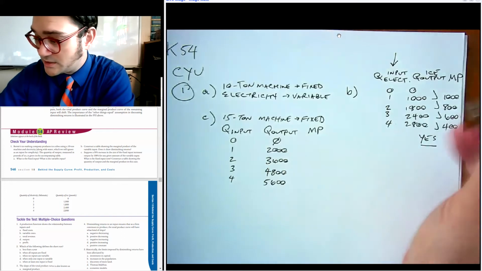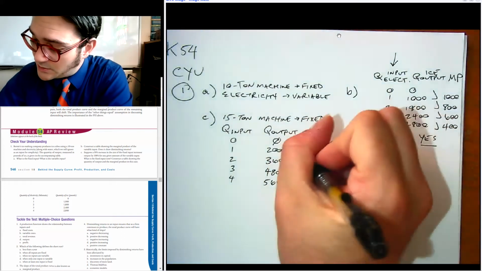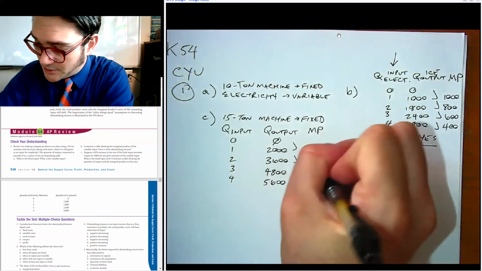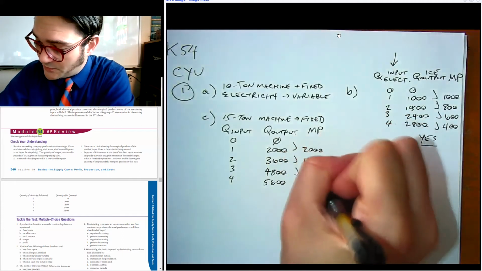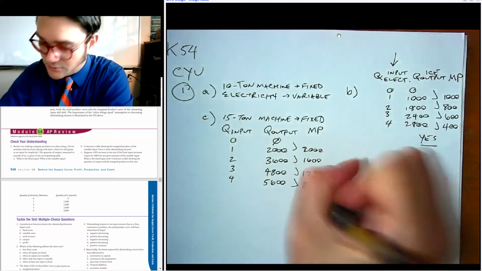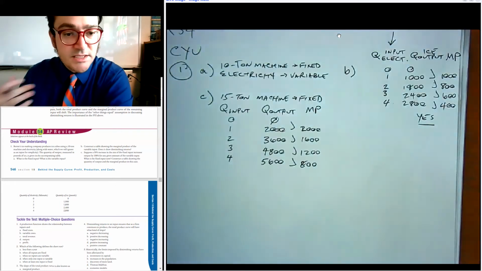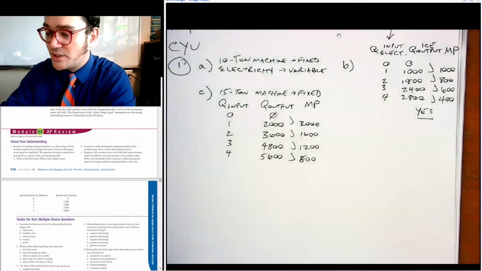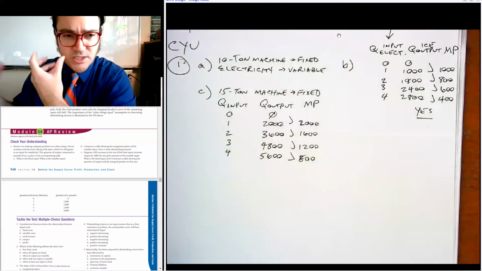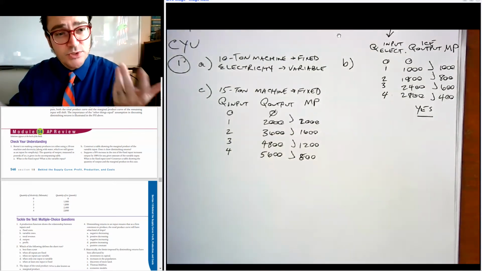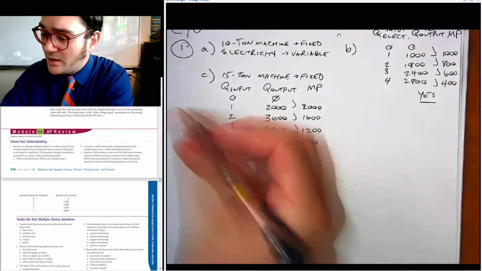And now the marginal products are just going to be doubled as well. So it's 2,000, 1,600, 1,200, and 800. And so, yes, it still shows diminishing marginal returns, right? Every time you add a unit of a variable input, if you have fixed inputs, you're still going to have diminishing marginal returns to that variable input.